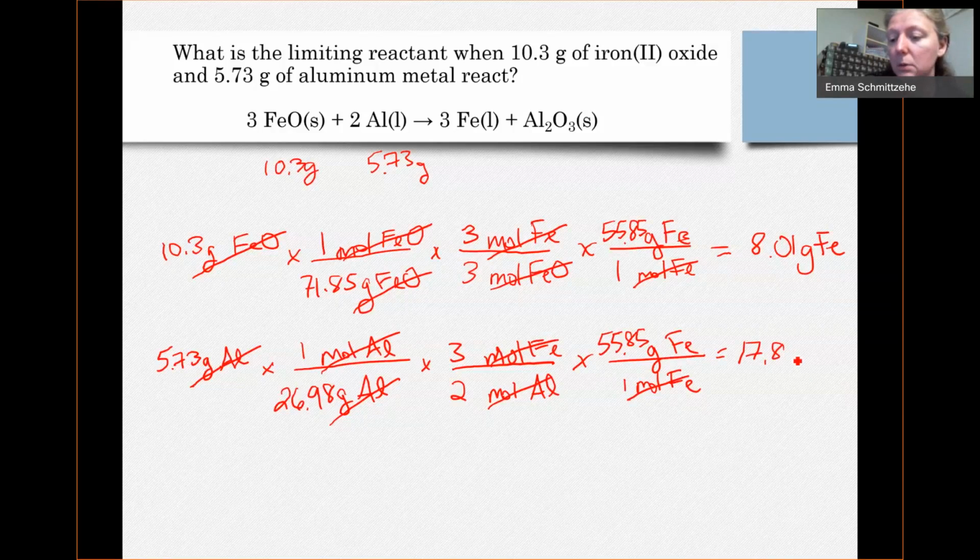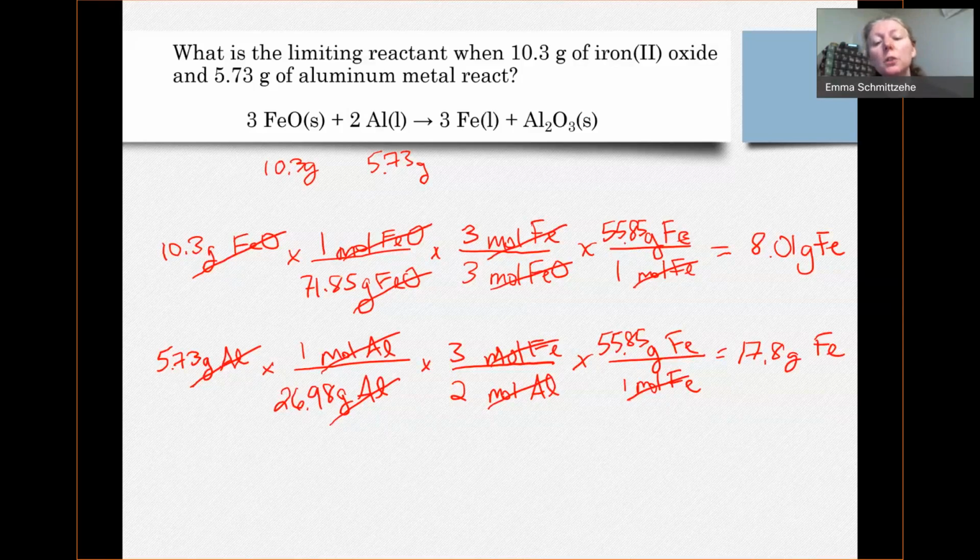And that gives me 17.8 grams of iron. So what these calculations are telling me is if I react 10.3 grams of iron(II) oxide, I'm going to get 8.01 grams of iron. If I react 5.73 grams of aluminum, I'll get 17.8 grams of iron.